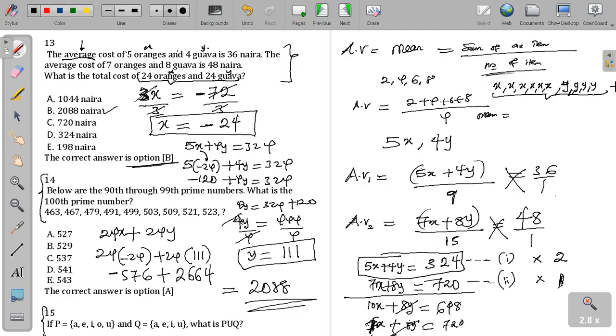Is it not x plus x plus x plus x plus x plus y plus y plus y plus y, all divided by the number of items that you have here? How many are they? It should be 9, right? So it should be over 9. Do you understand this now?